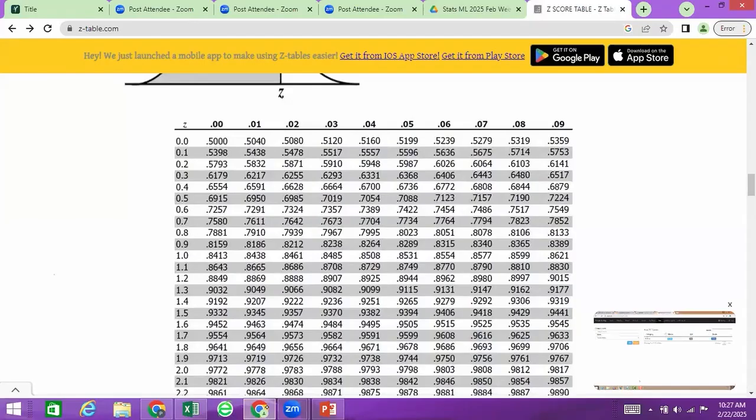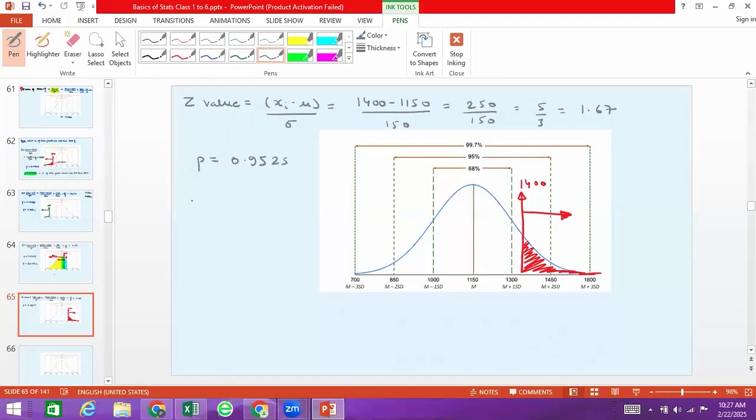For 1.67, it is 0.9525. But that will give me the value for less than. I want the value for greater than. So what I will do is 1 minus P. That is 1 minus 0.9525. That will become 4.75%. Okay.